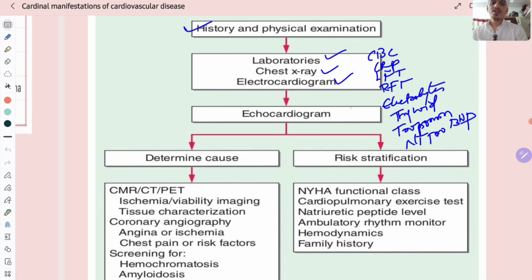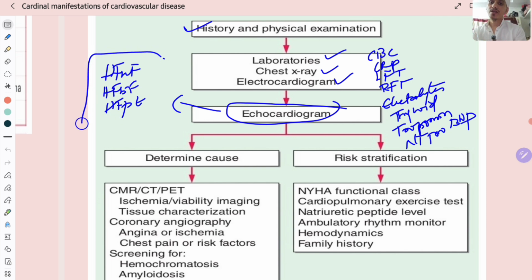Then you do an echocardiogram and classify the patient as HFrEF, HFmrEF or HFpEF. Depending upon this classification, the further treatment will depend. Then we determine the cause. How do you determine the cause?